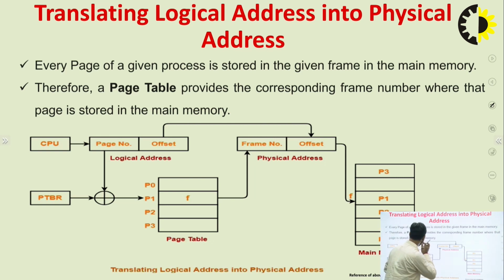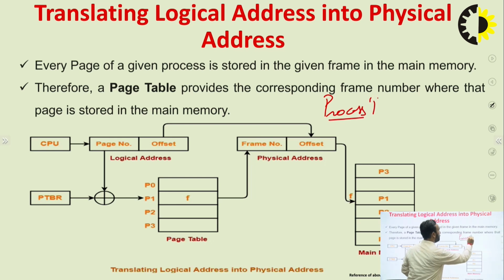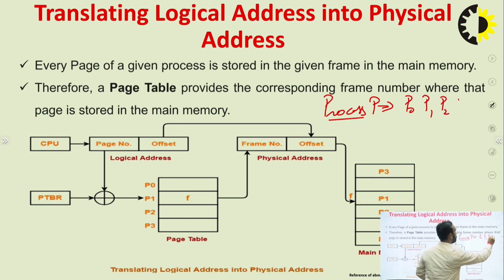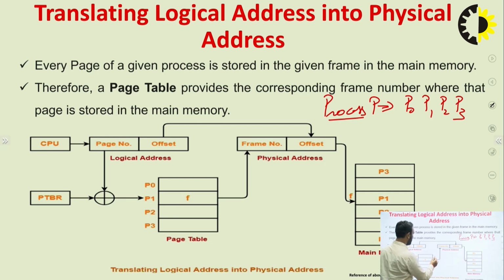For example, we take the same process P that has 4 pages, P0, P1, P2, P3, and these are placed in frame locations F0, F1, F2 and F3.